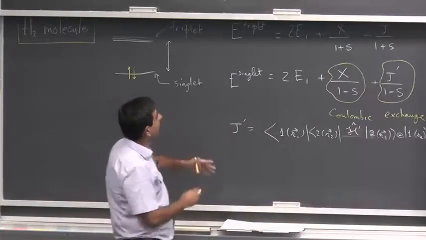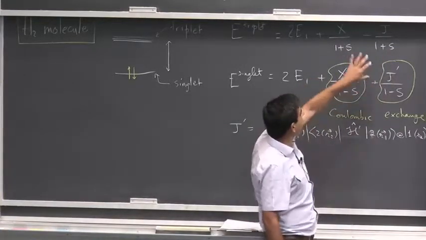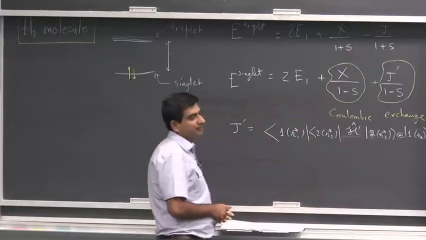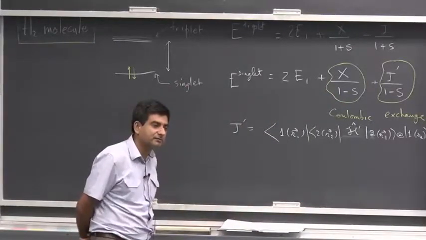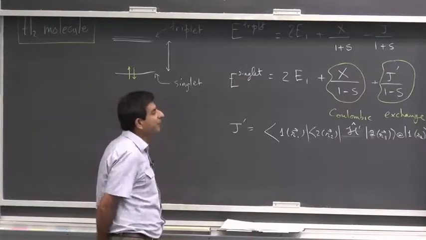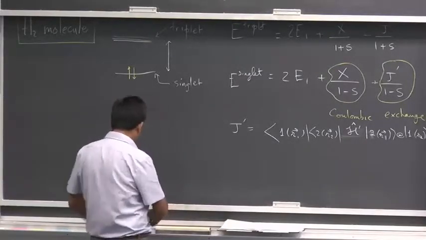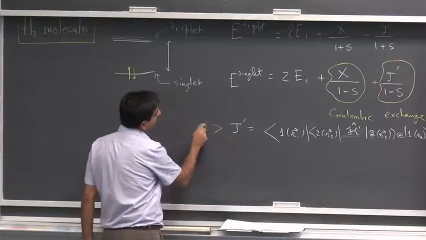Now if you look here, you have a Coulombic term and you have an exchange term, and if you subtract these terms, you will get the energy separation between the singlet and the triplet states. Now the singlet is lower in energy. For hydrogen molecules, this term turns out to be negative.